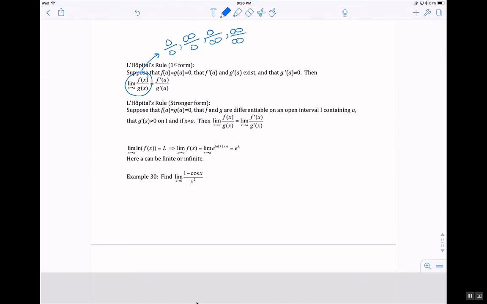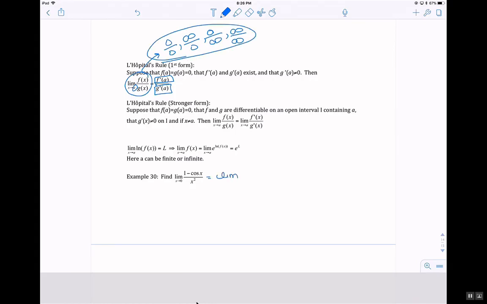And what you do is you take the limit of the derivative of the numerator divided by the derivative of the denominator. So this is not quotient rule. If that's the case, you take this derivative as many times as until you can plug in this value of a so that you don't get one of these 4 situations.